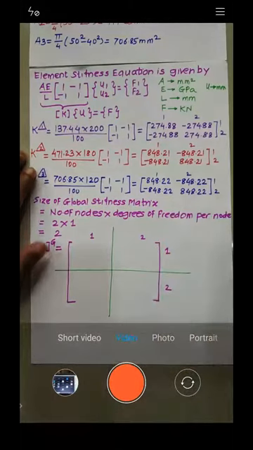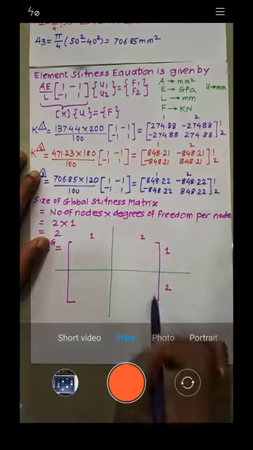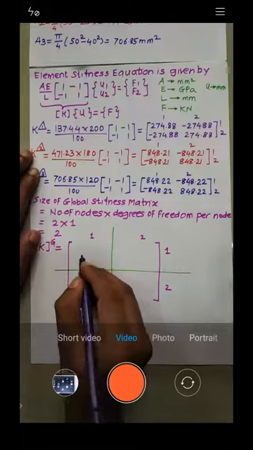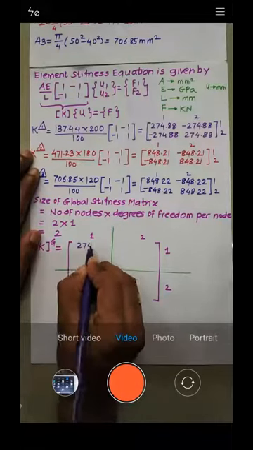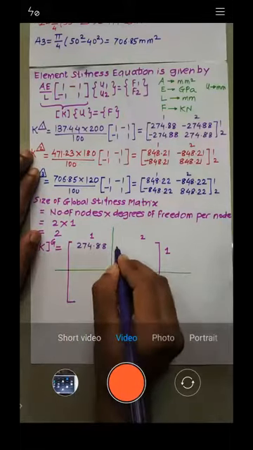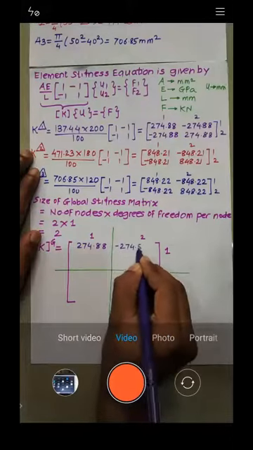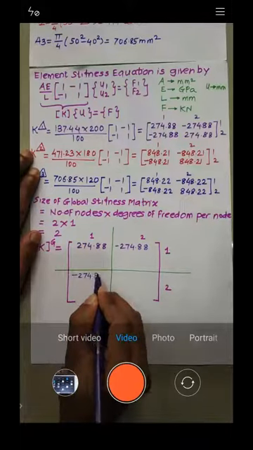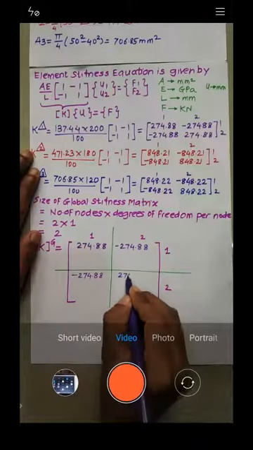There is nothing to check, it's a straightforward matrix. So it's just pick and place. I'll do 274.88, this is minus 274.88, this is minus 274.88, and this is 274.88.